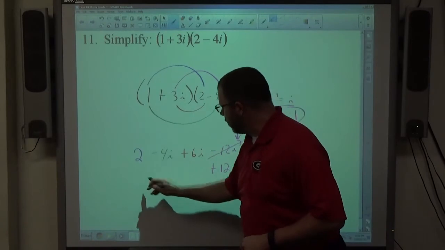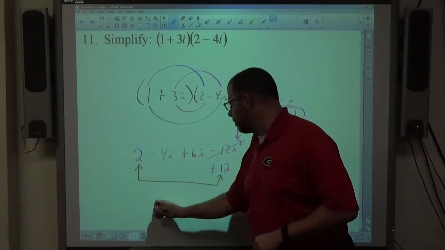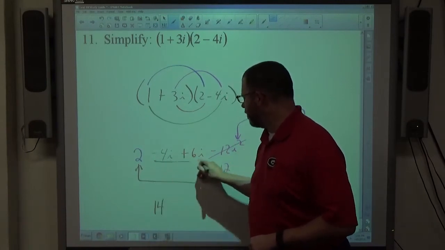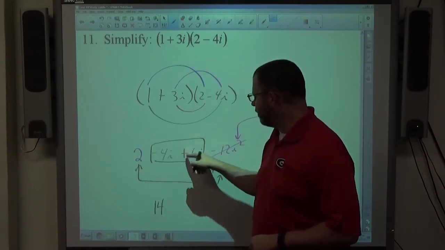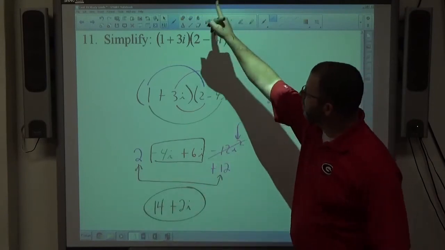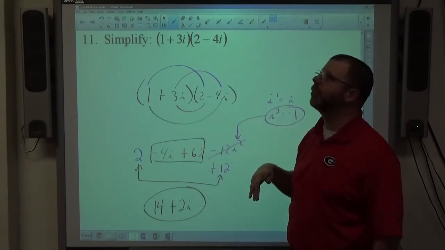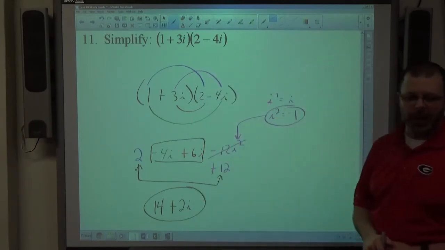So the end result, real numbers add together first. 2 plus 12 makes positive 14. Imaginary number goes second. Negative 4i plus 6i makes plus 2i. You should expect a binomial times a binomial, complex numbers with no radicals involved, to create a binomial complex number.